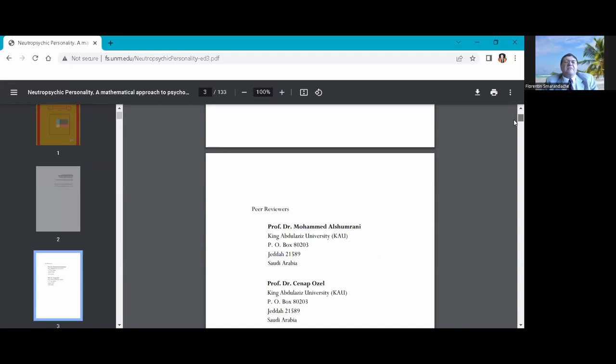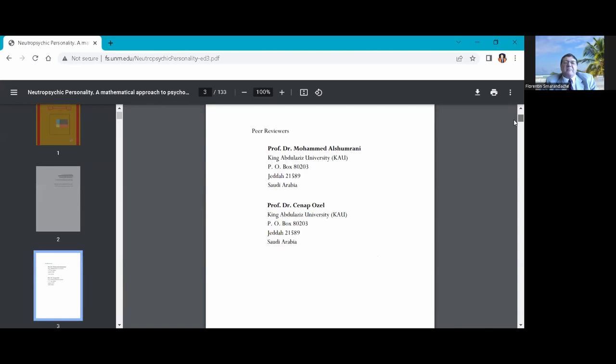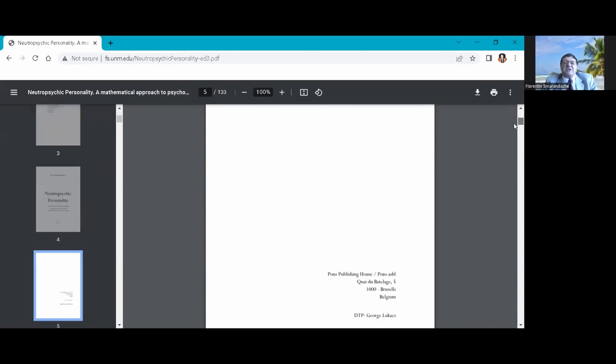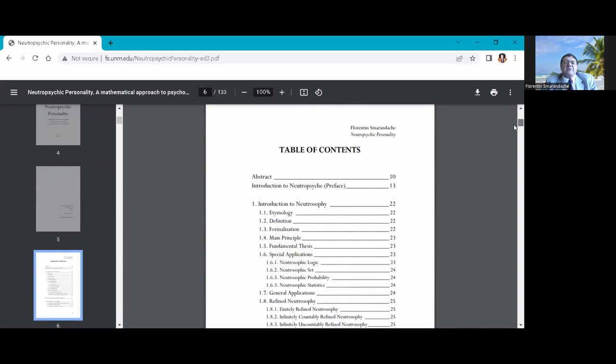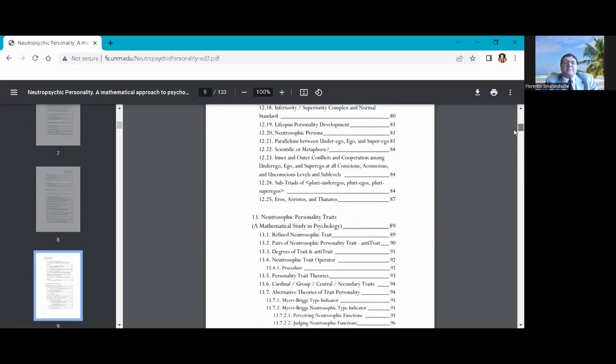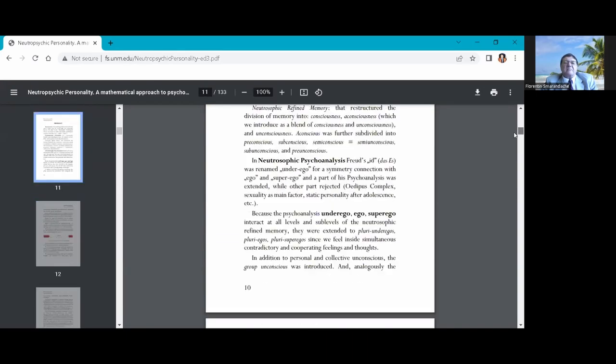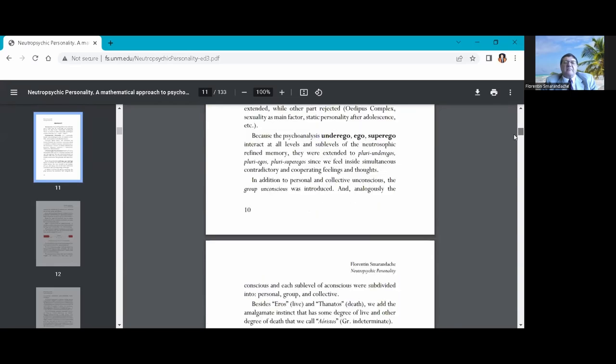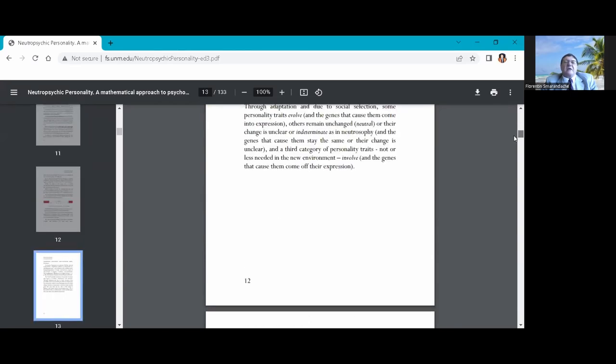For example, introverted and extroverted. So maybe everybody is actually partially introverted and partially extroverted.